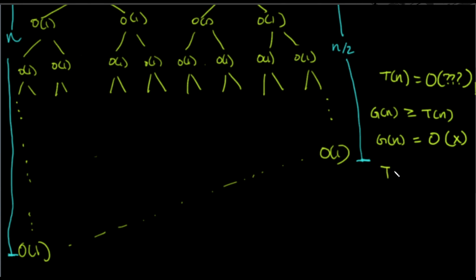Now what can we say about X, or what can we say about T? I kind of just gave away the answer here. We can say that T of n is also O of X.